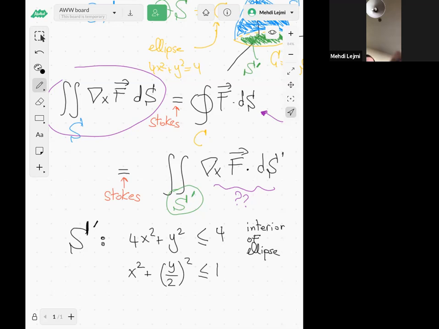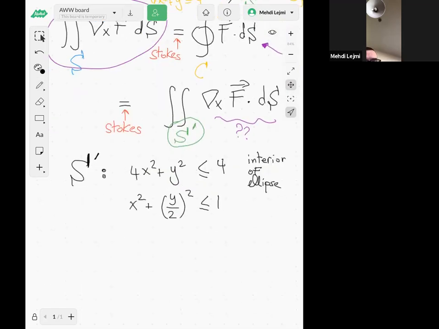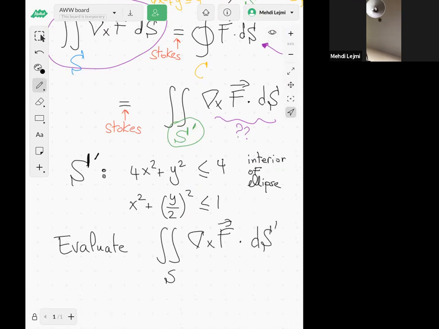So the first step: I want to evaluate the curl of F along S prime.